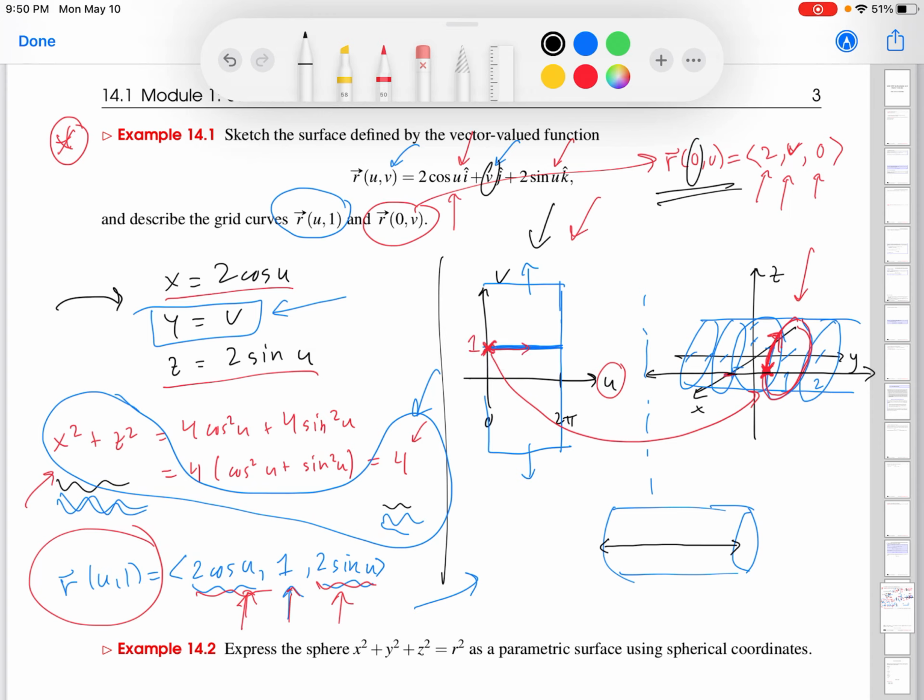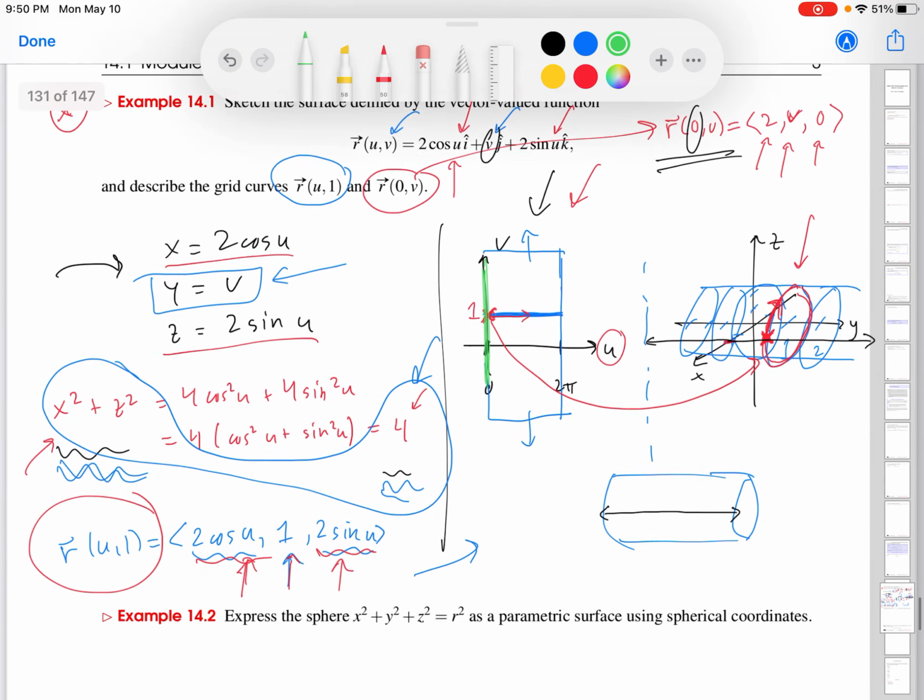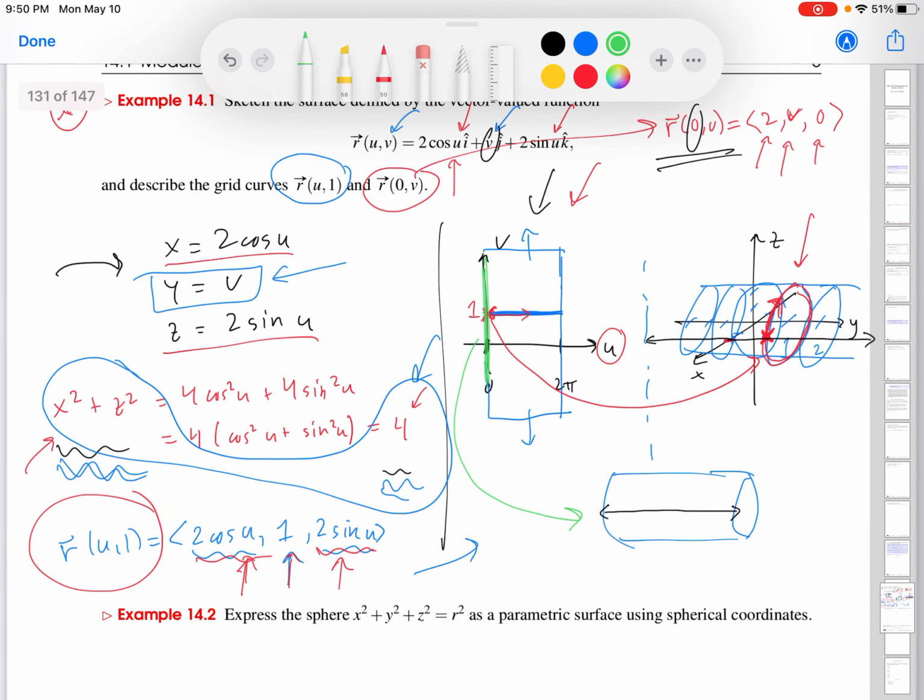Well, u is 0, so we are over here, right? And then v is whatever you'd like. So this is the line here that is mapping onto this portion of the cylinder in three-dimensional space.